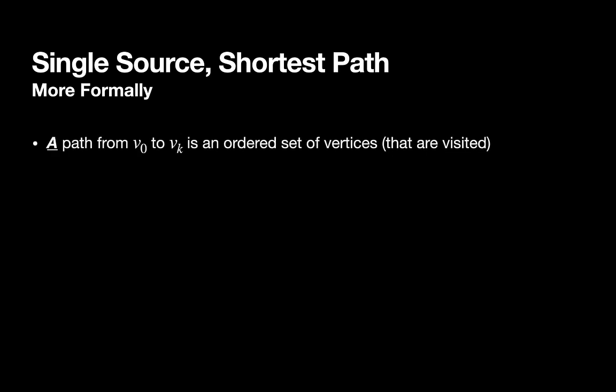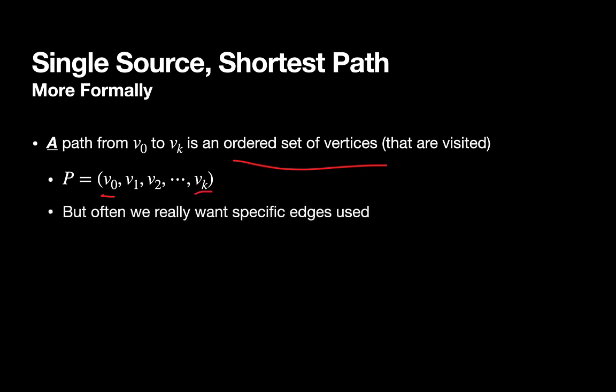Okay, so more formally, a path goes from vertex v0 to vk. It's considered to be an ordered set of vertices that are visited. So we can think of a path as being this collection of vertices that goes from vertex v0 to vk. But often when we're talking about paths, we're really interested in the specific edges that are being used. So we could think of this as having corresponding edges.